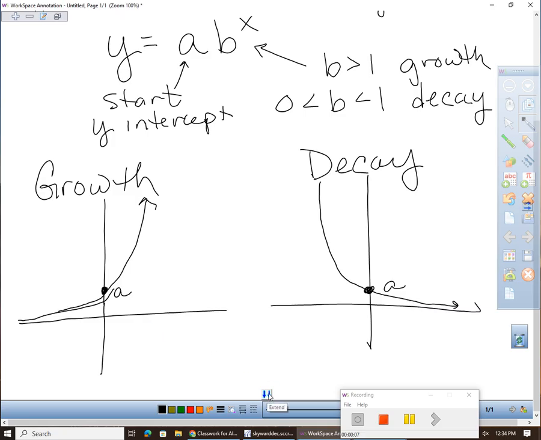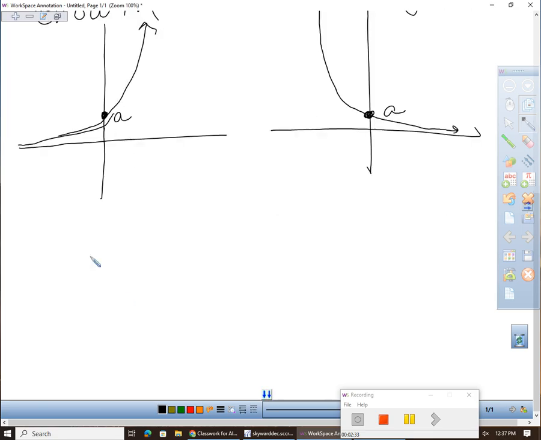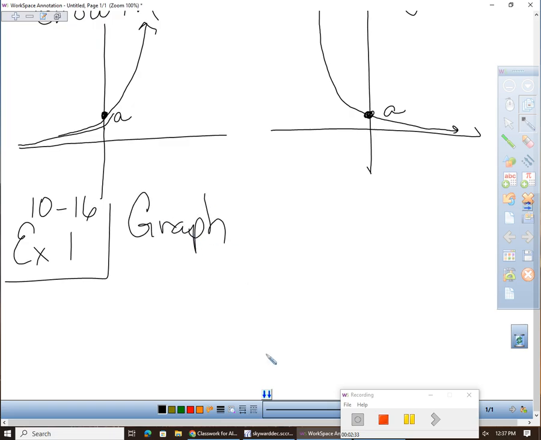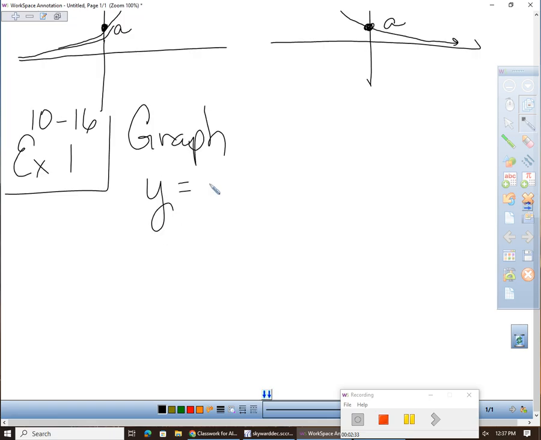In the first section, we are going to graph a few growth and decay functions. So here's example number 1. This is what I'm going to ask you to do for 10 through 16. I'm going to ask you to graph, and on your paper, let's say I have y equals 2 times 3 to the x.